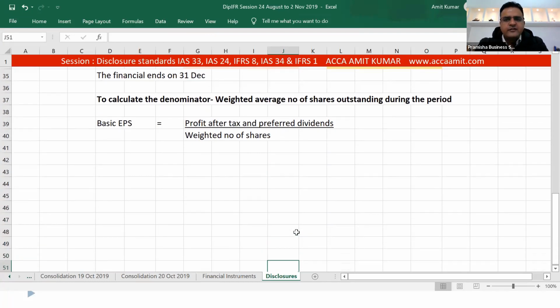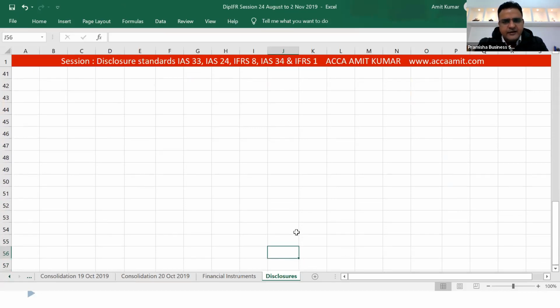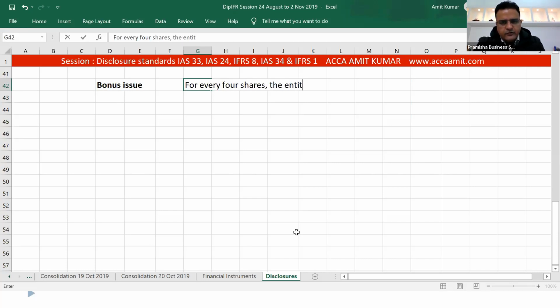So as we progress, as I said, instead of cash, if the company declares a bonus issue, for every 4 shares the entity issues 1 bonus share. Now, what will be the impact?